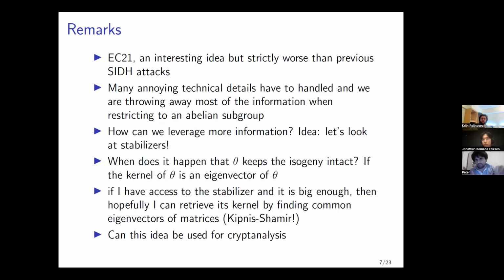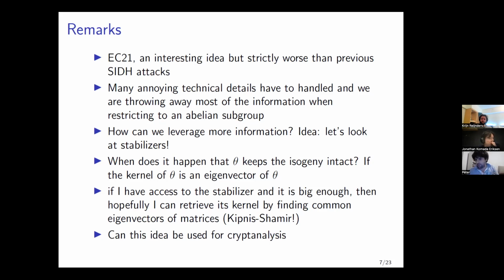So modulo some technical details, what does a stabilizer of an isogeny mean? It means you have, let's say your isogeny has a kernel generated by A. Then you look at all the endomorphisms for which theta A is lambda times A, which means all the endomorphisms for which A is an eigenvector.